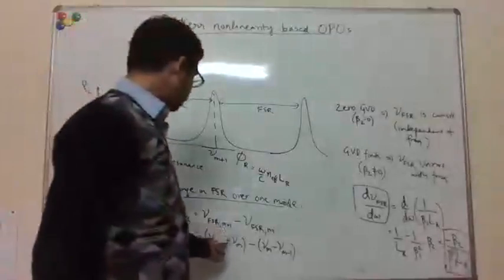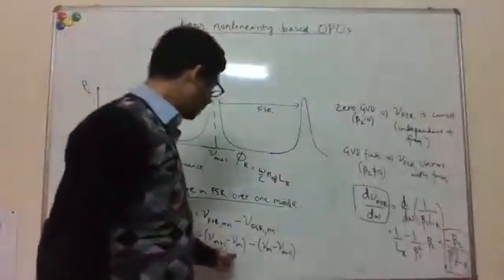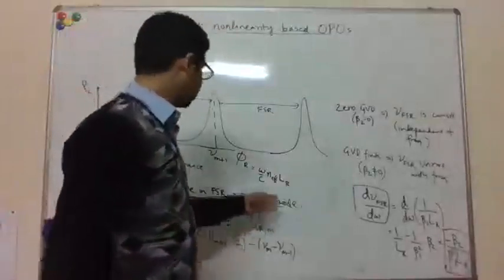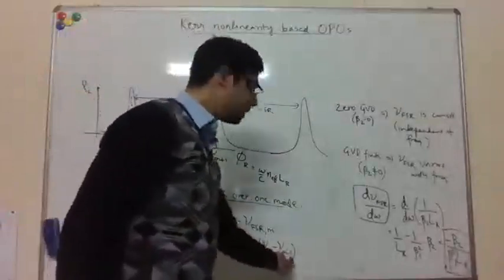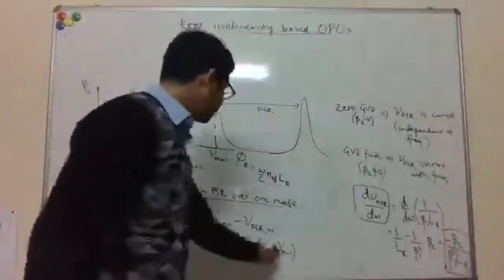So for the m plus 1th mode, the FSR is the m plus 1th frequency minus the mth frequency, and then one mode less is the mth frequency minus the m minus 1th frequency, and we want to see the difference in them.